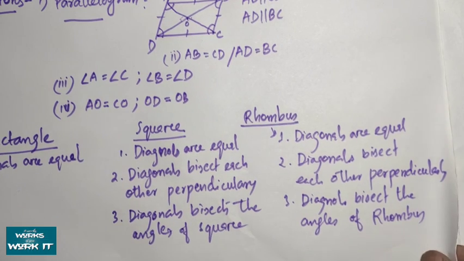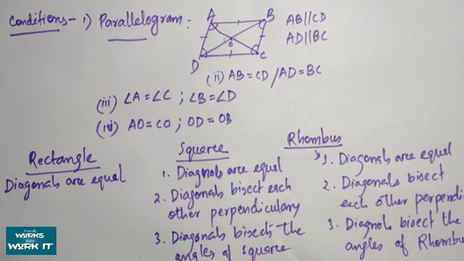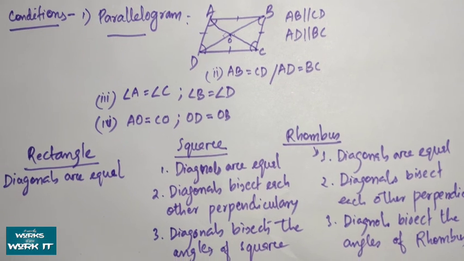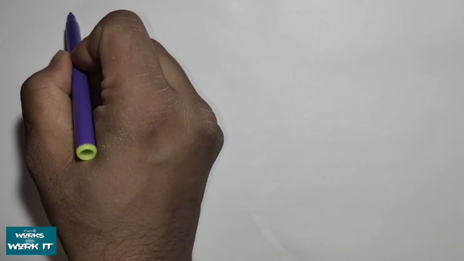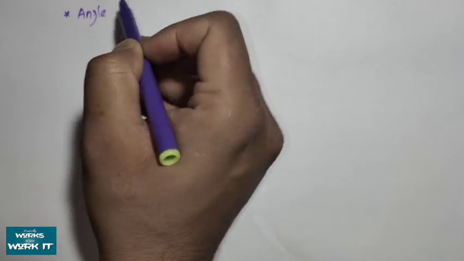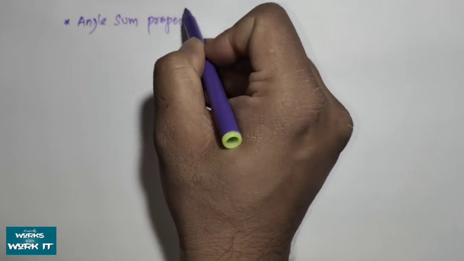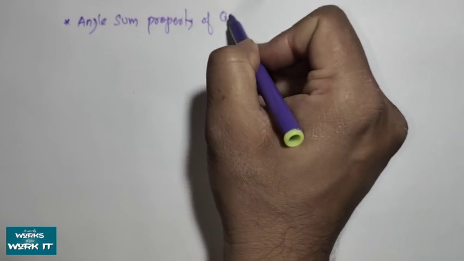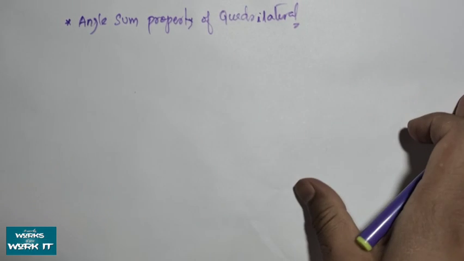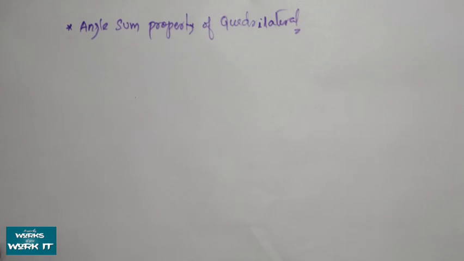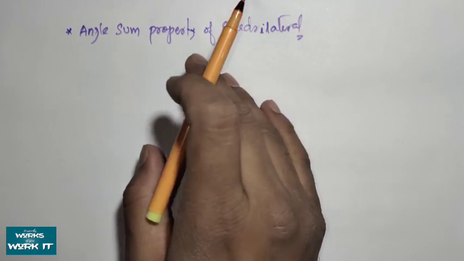Okay, so I hope you have understood the properties and conditions of the parallelogram, rectangle, square and rhombus, and their definitions. The last thing we will see in this video is the angle sum property of a quadrilateral.